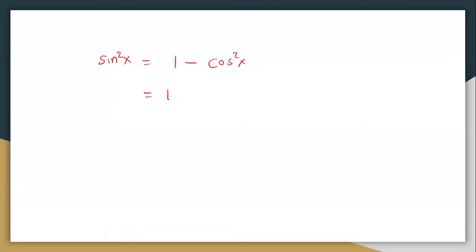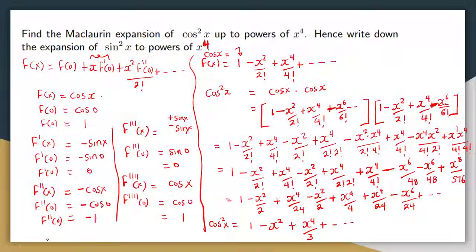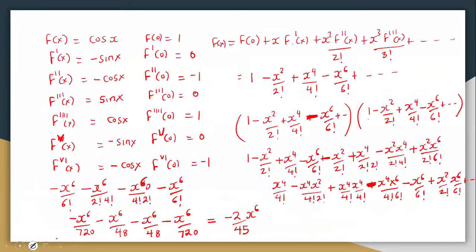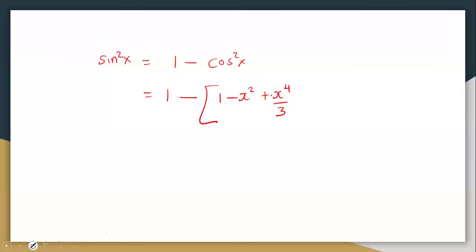Now, where we are finding our sine squared of x, it means that sine squared x will equal 1 minus cos squared x. Remember, for cos squared we had gotten 1 minus x squared plus x power 4 out of 3, minus 2x power 6 out of 45, our sixth term.